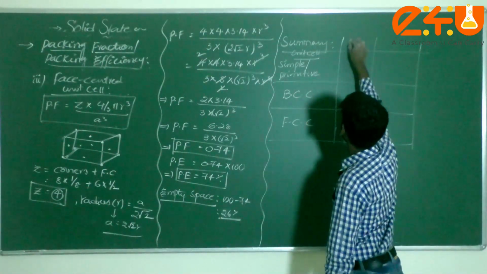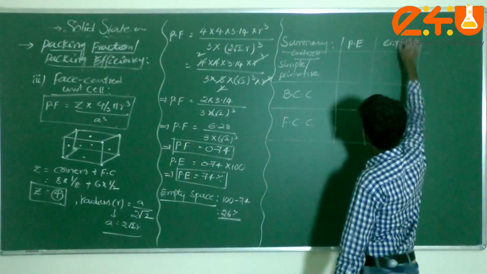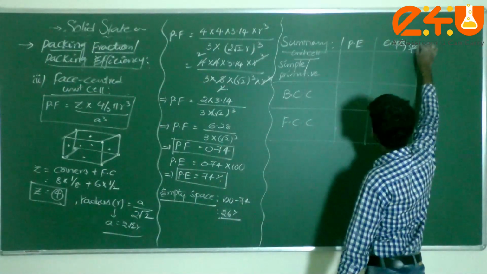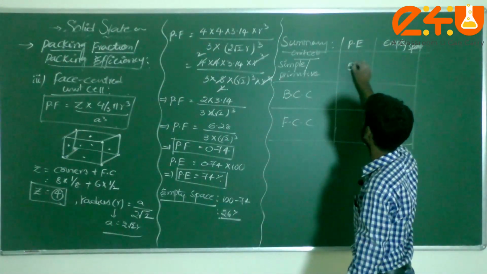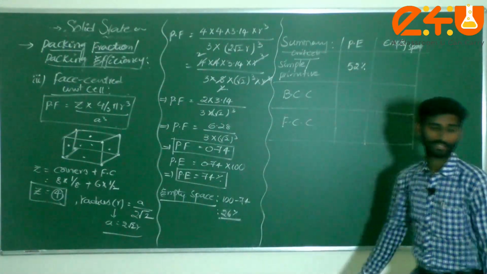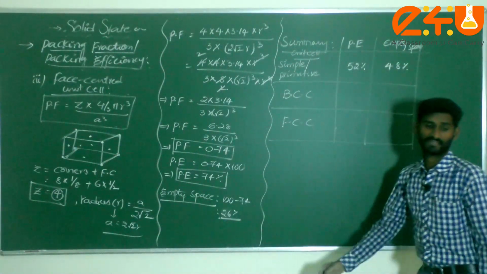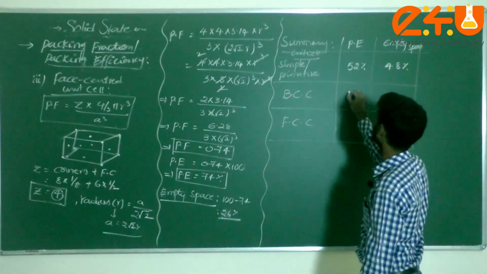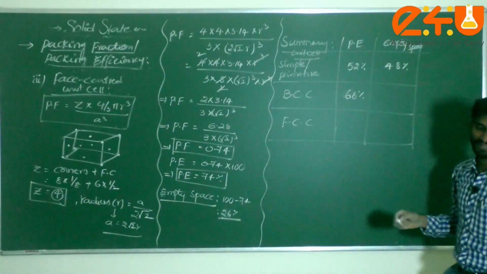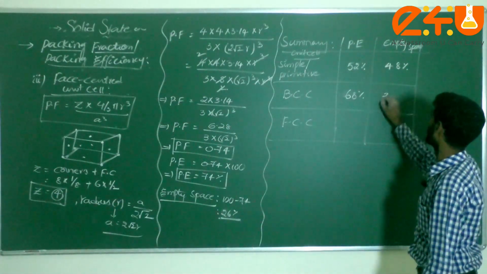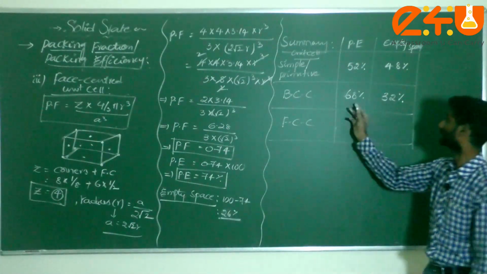This is packing efficiency, and this is voids or empty space. For the simple unit cell the packing efficiency is 52%, and the empty space is 48%. Next, for BCC, 68% is the packing efficiency, that is 0.68, and the remaining empty space is 32%. Am I correct or not?